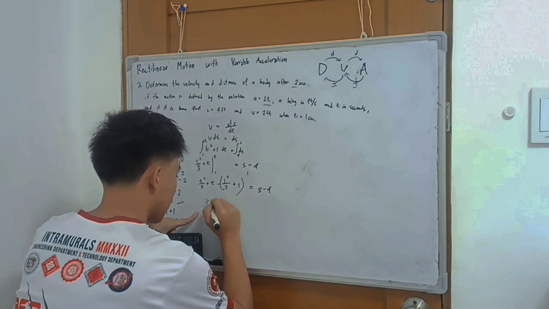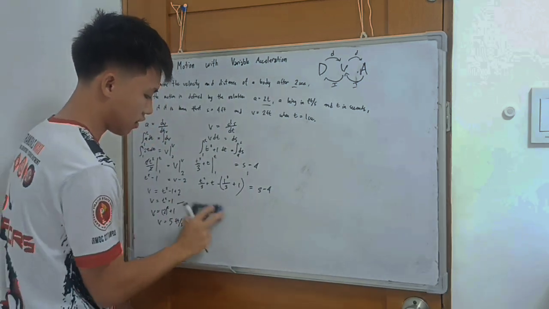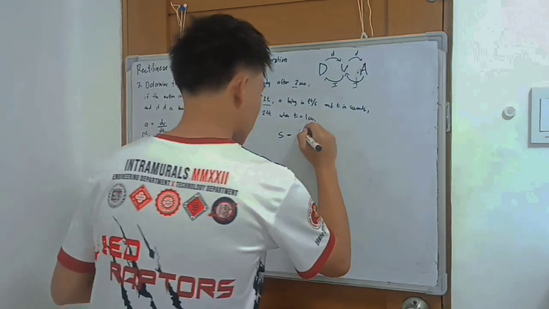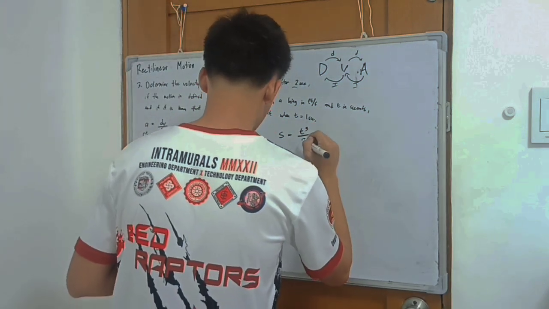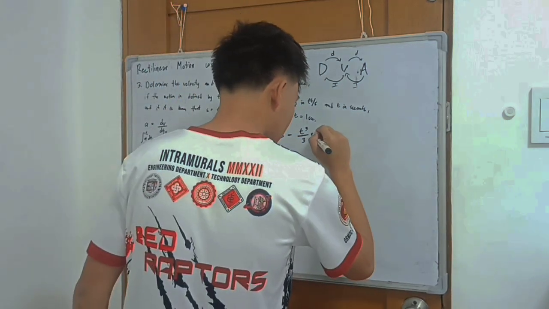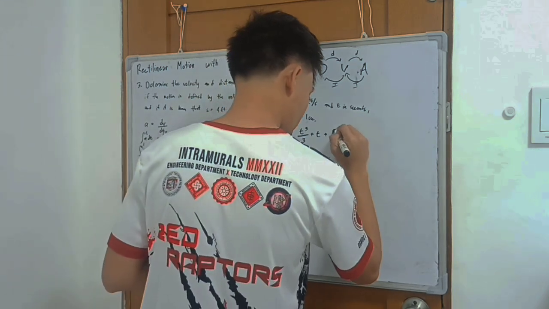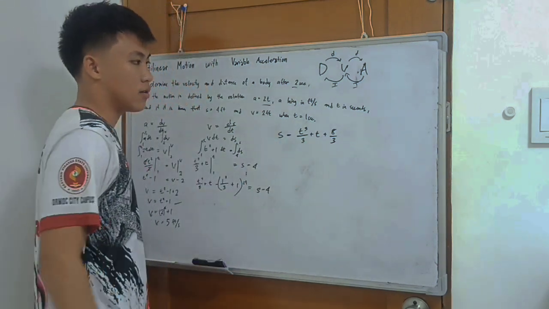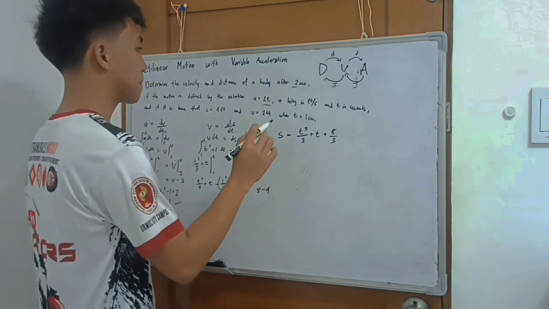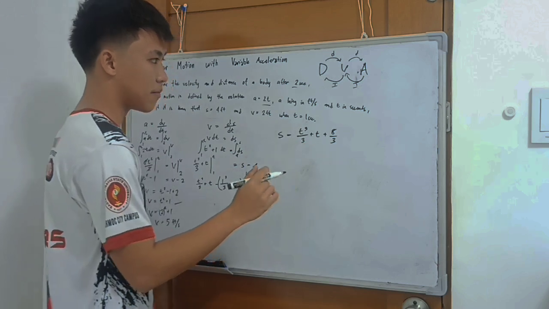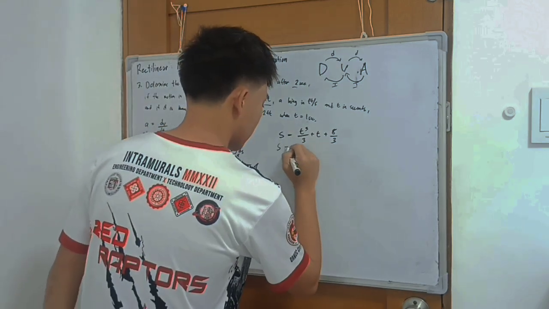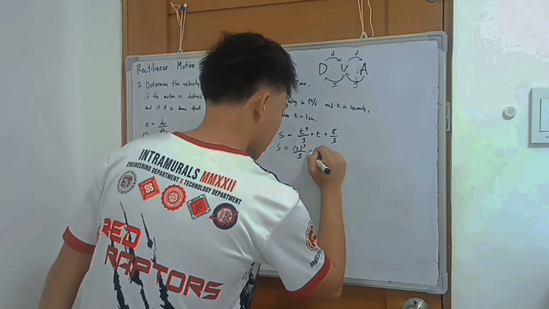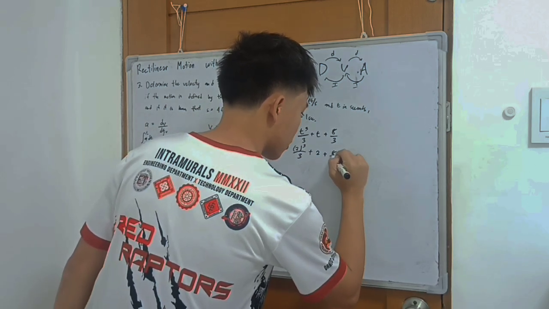So s is equal to t cubed over 3 plus t plus 8 over 3, and we have a distance equation, and we need to substitute the time of 2 seconds. So distance is equal to 2 cubed over 3 plus 2 plus 8 over 3.